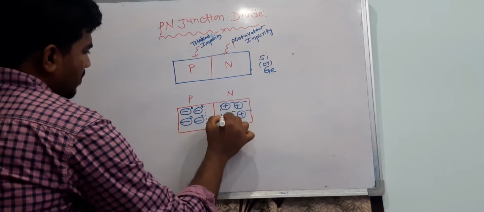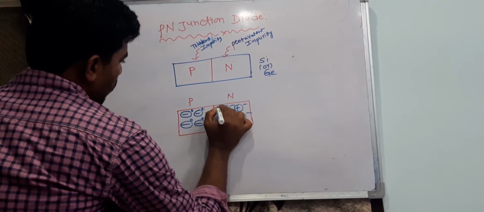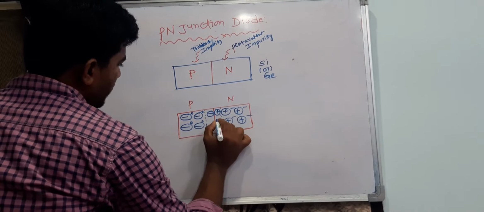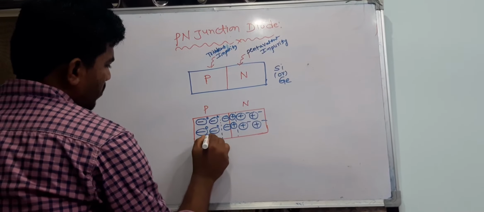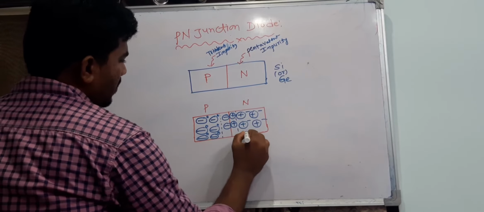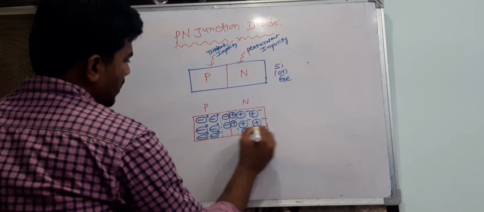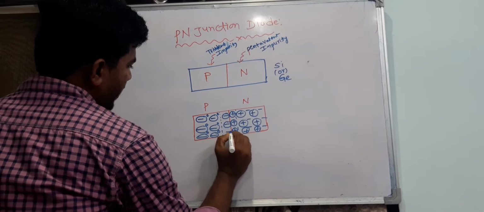So at the junction, this is a positive ion and this is a negative ion, and likewise for the next atoms.